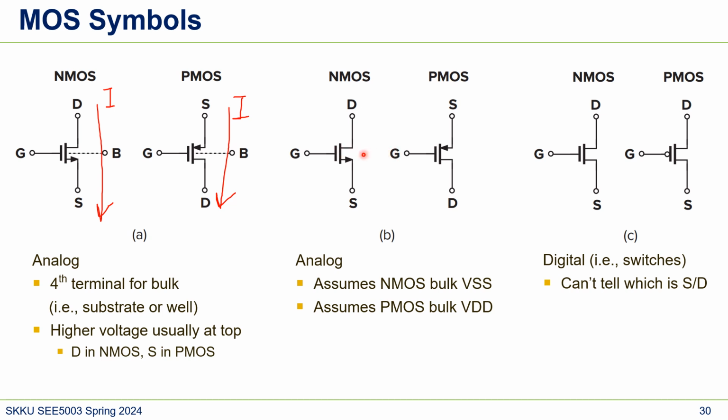It's easier to draw and it's neat. The assumption here is that the bulk of NMOS connects to VSS, which is the lowest voltage in the circuit. In PMOS, since there's no bulk connection shown, the assumption is that the bulk is connected to the highest supply in the circuit, which is VDD.